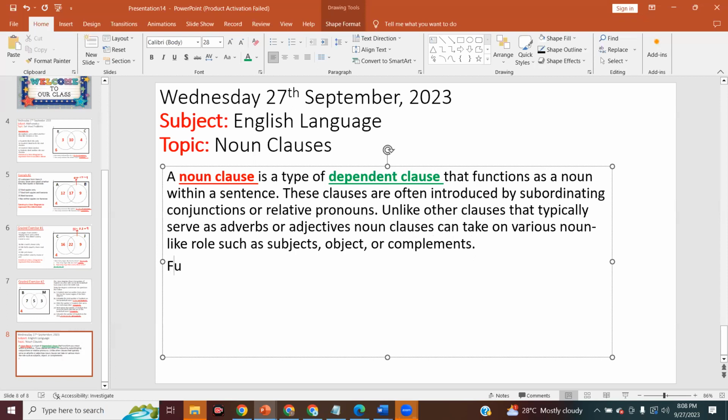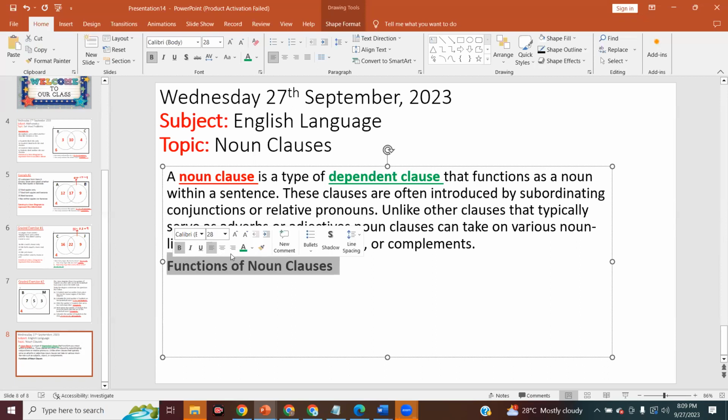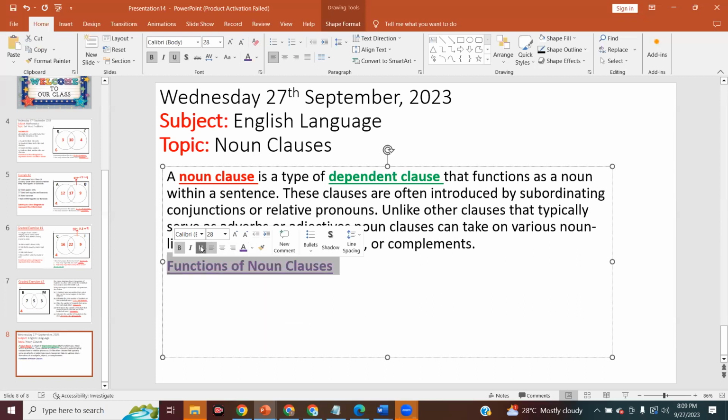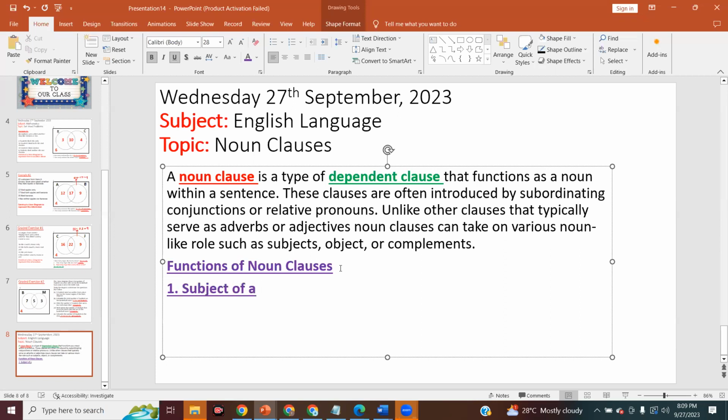Now, so let's look at functions of noun clauses. The first one we're going to be looking at is how a noun clause can function as a subject. And we'll be looking at two functions of it today. So it could serve as the subject of a sentence. Okay.